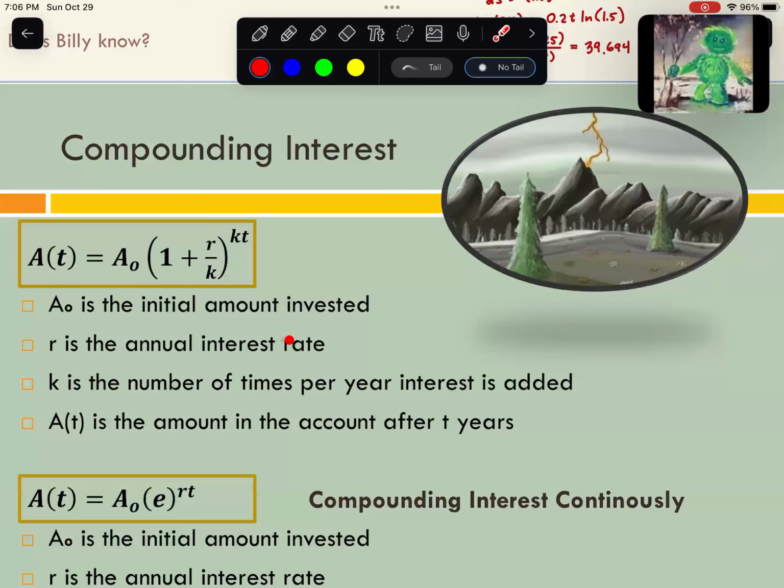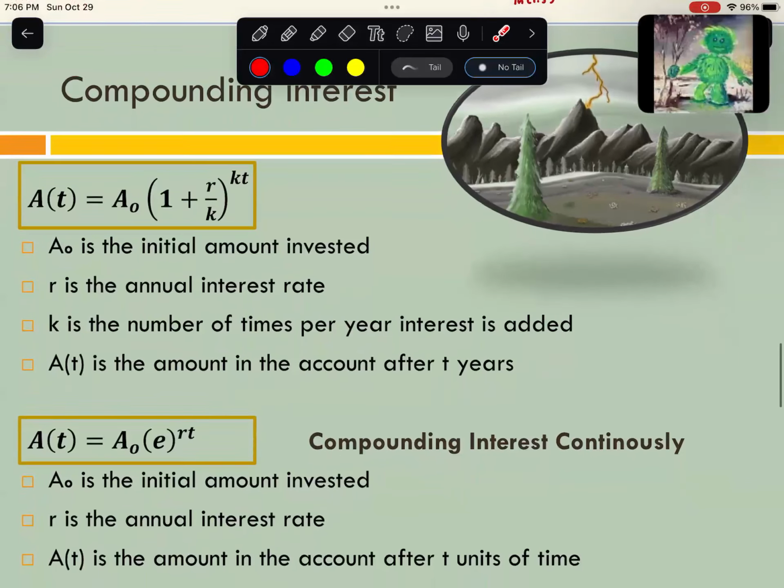R is an annual interest rate, but K is the number of times per year that the interest is actually added. All right, so instead of e to the kt, we see 1 plus r over k to the kt. Okay, so if you see problems using this in Delta Math, just pay close attention. Is there a mention of a certain number of times that interest is compounded per overall time period? You're probably going to use this formula.